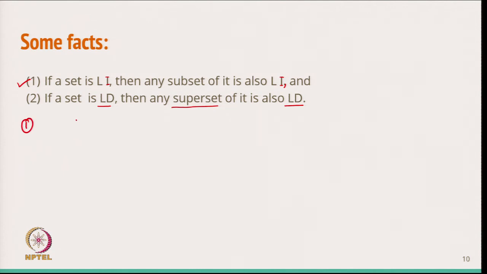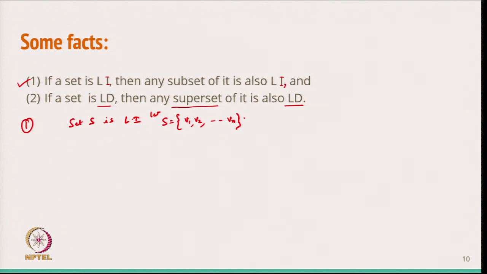Suppose I have a set S that is linearly independent. Suppose I take S as V1, V2 up to Vn, and suppose this is LI.